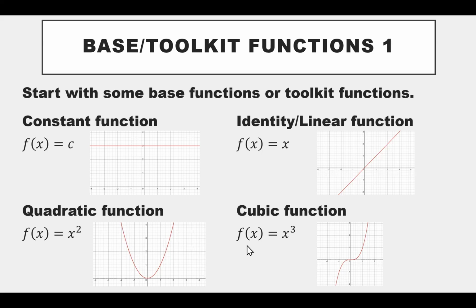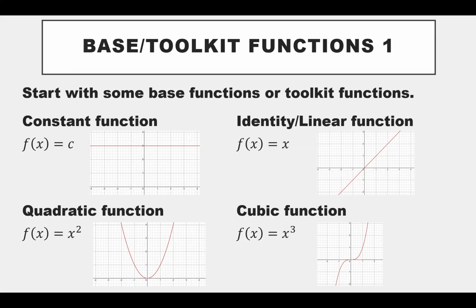Another base function is the cubic function. F of x is equal to x to the third. And it gives this shape. It's not a straight line, but you can see it goes through the origin and then curves up and gets very, very steep as you move towards the right, and has a very, very steep decline as you move towards the left.